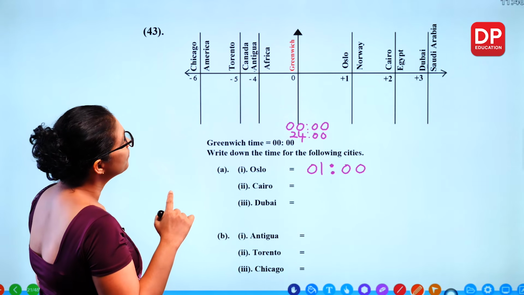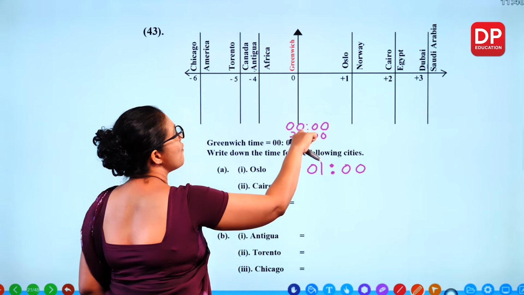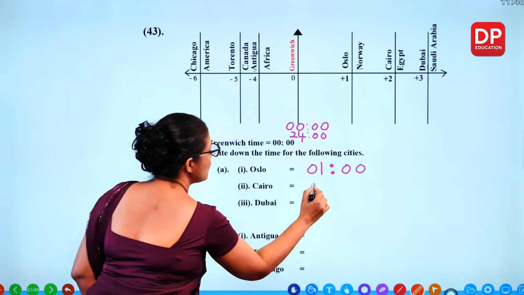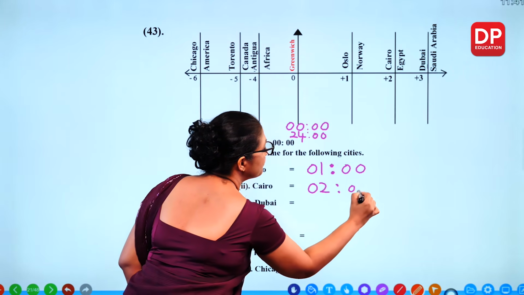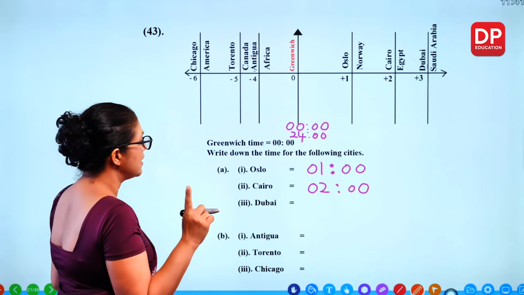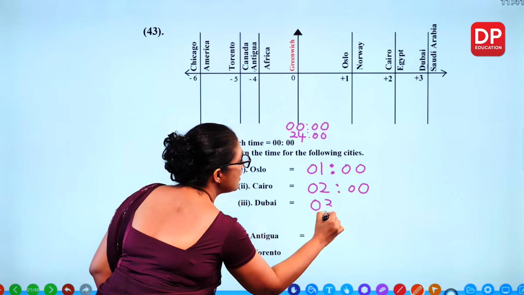Cairo. Cairo is plus 2. So to this value you have to add 2 hours. So this is 2 in the morning. Dubai. Dubai is plus 3. So add 3 to that. So 3 in the morning.